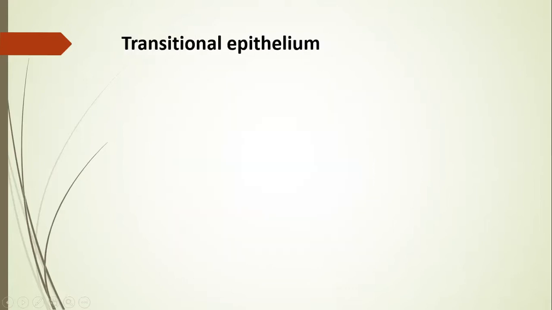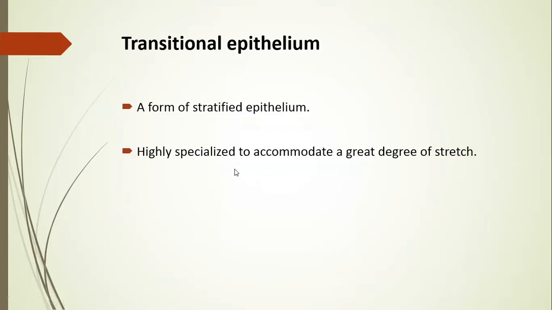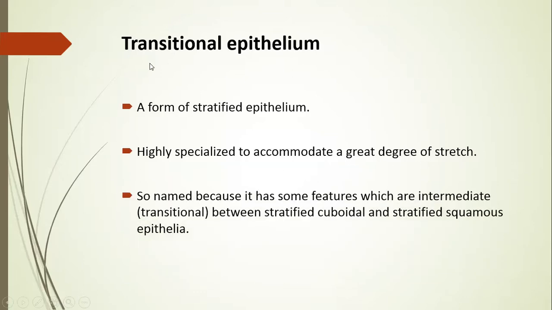The last type we will talk about is the transitional epithelium, which is a form of stratified epithelium, highly specialized to accommodate a great degree of stretch, and so named because it has some features which are intermediate, transitional between stratified cuboidal and stratified squamous epithelium.